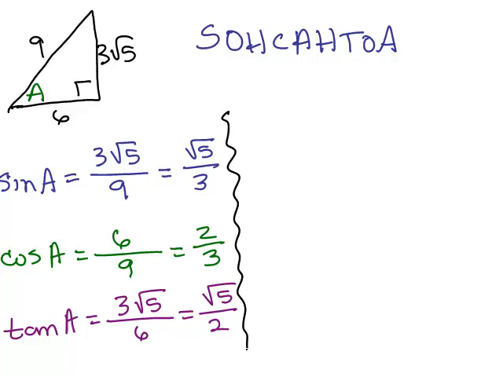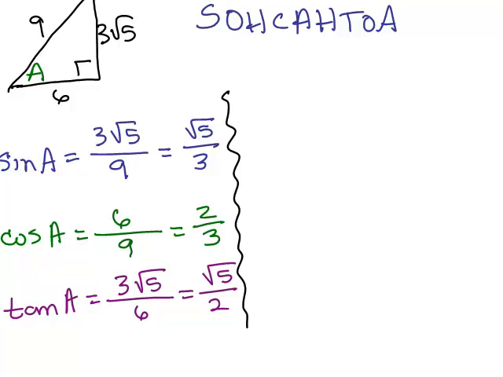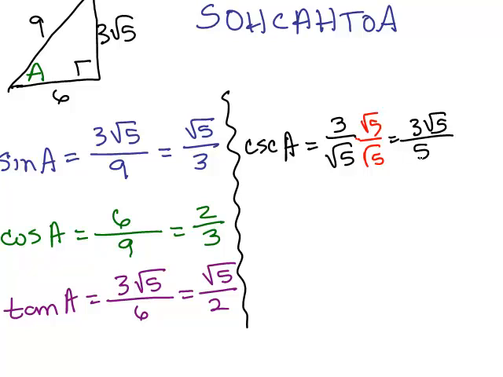Now, let's do the reciprocal values. You don't even have to look up here again, you could just take the reciprocal of what you see here. So the cosecant of A, you just do the reciprocal, 3 over square roots of 5, and then you could rationalize that by multiplying square root of 5 over square root of 5 to get 3 square roots of 5 over 5.